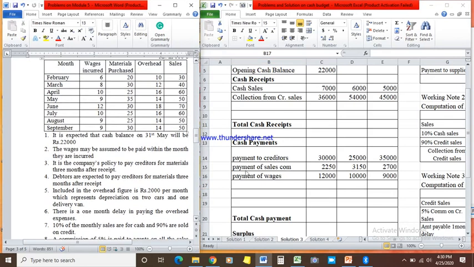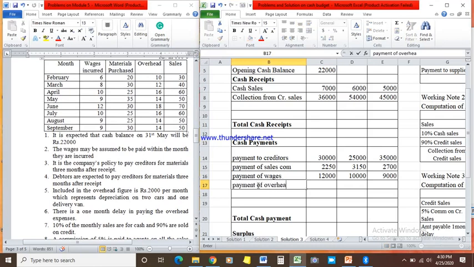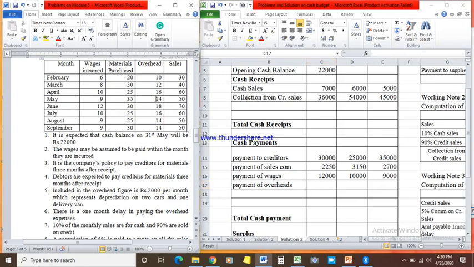Now we go for overheads. There's a one month delay in payment of overheads. Since my budget period is June, July, August, the month preceding June is May. So May overhead of 14,000 is paid in June.